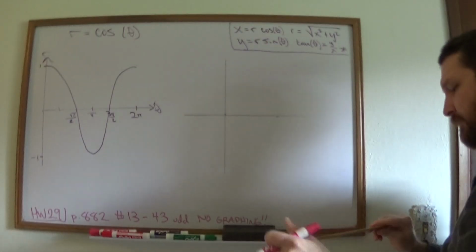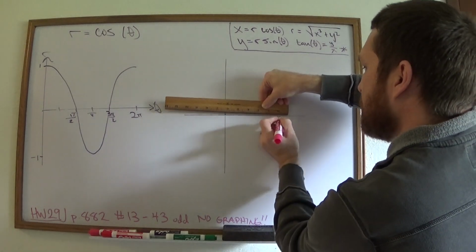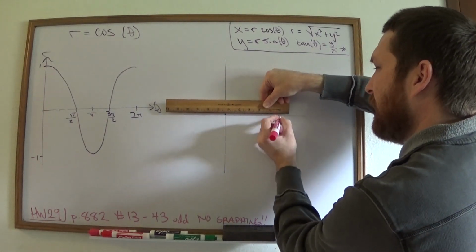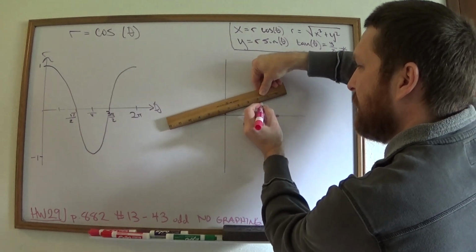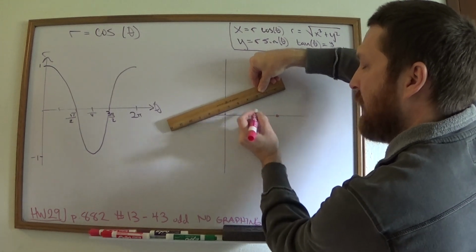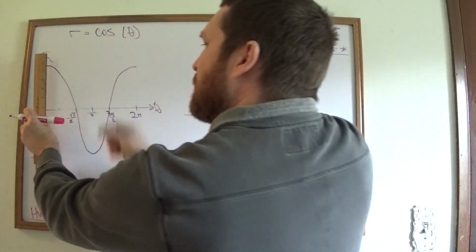Okay, so when theta is 0, r is equal to 1, so I put a dot right there. And now we can imagine as this thing comes up, this goes down that way, right? And so the next point, let's do it this way.